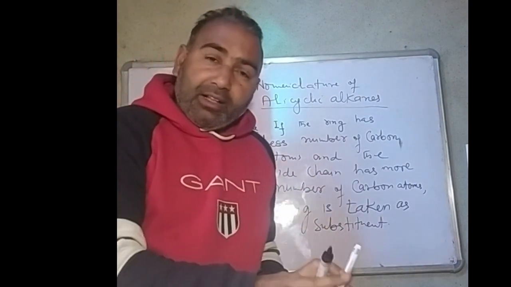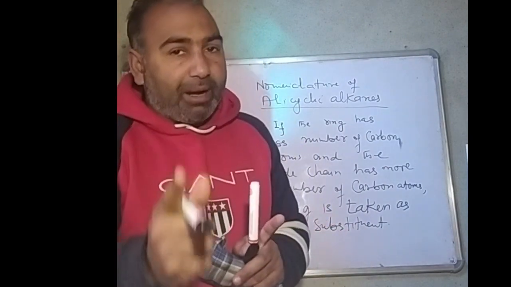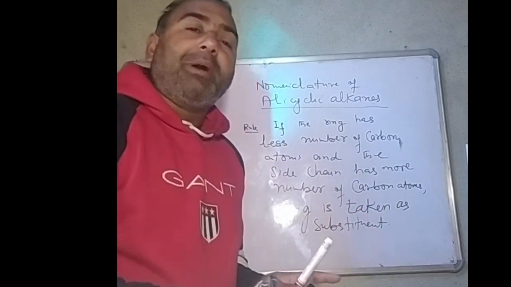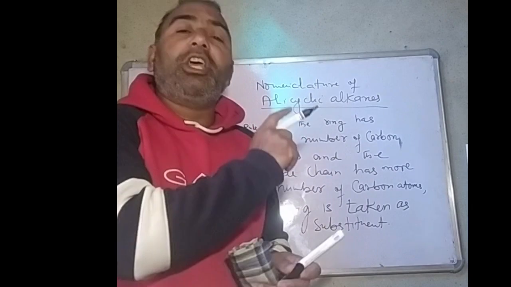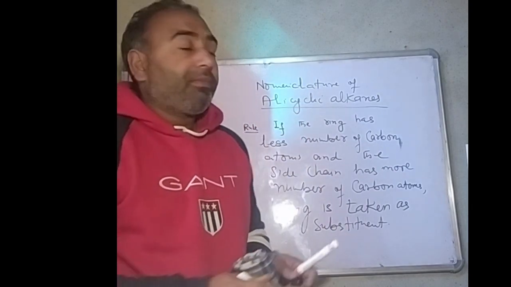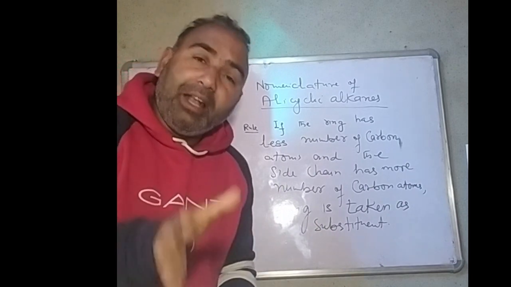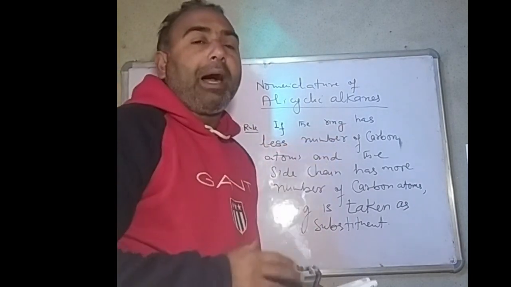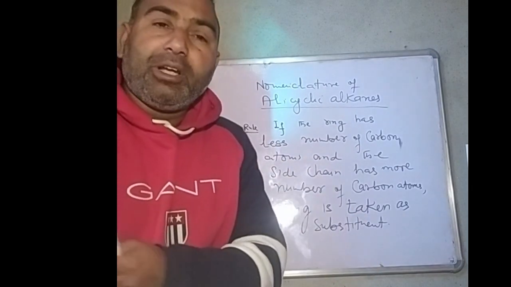So earlier the rule was, if the side chain has less number of carbons and the ring has more number of carbons, in that case side chain is taken as substituent. Here the second case is, if the ring has less number of carbons and side chain has more number of carbons, the ring system becomes substituent.